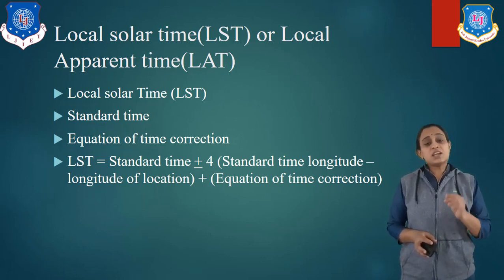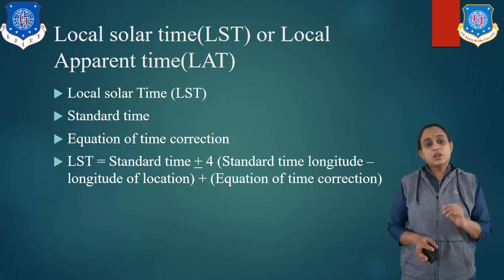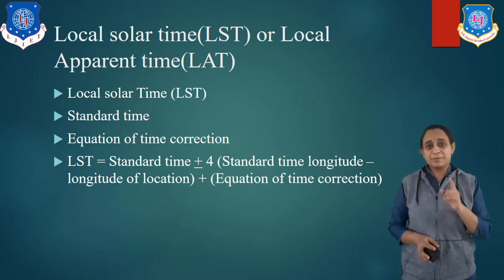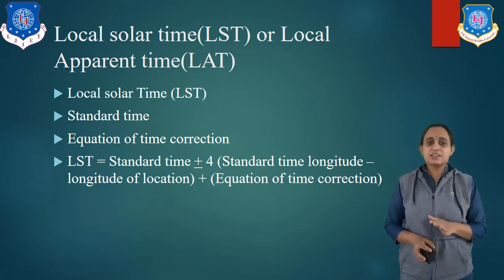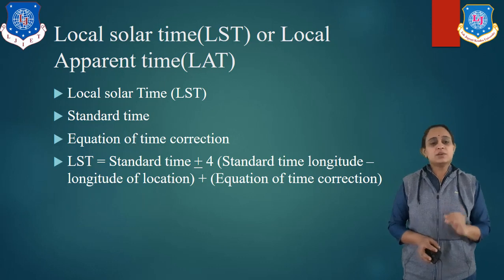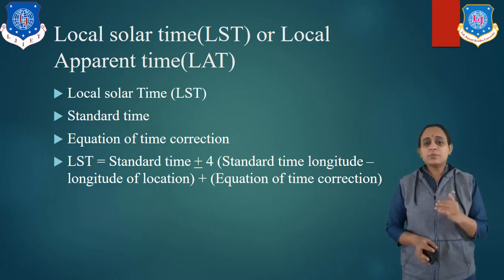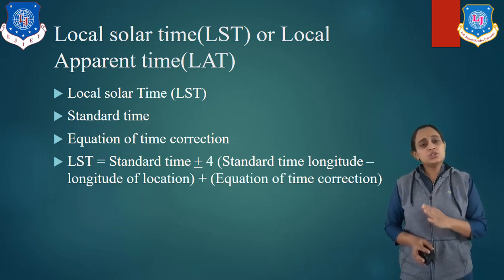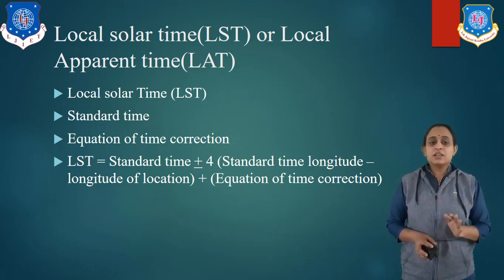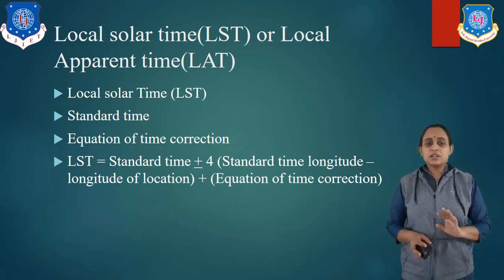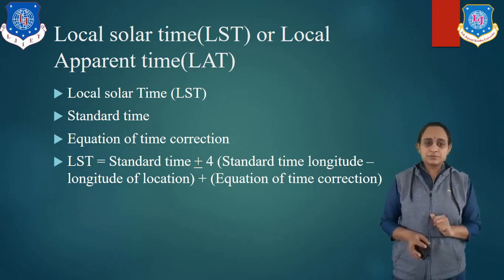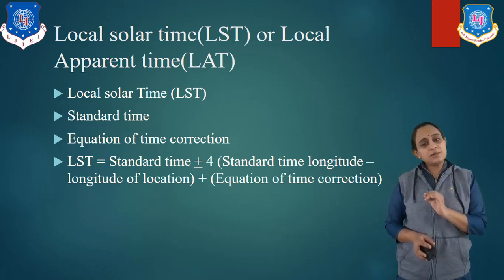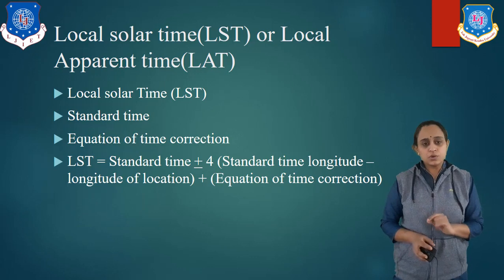Now, what is the equation of time correction? So LST, this is the basic equation. You also have to remember this equation. LST, which is local solar time, is equal to standard time plus or minus 4 times (standard time longitude minus longitude of location) plus equation of time correction. Now you know what the standard time is. Why are we adding plus or minus 4 times the standard time longitude minus longitude of location?